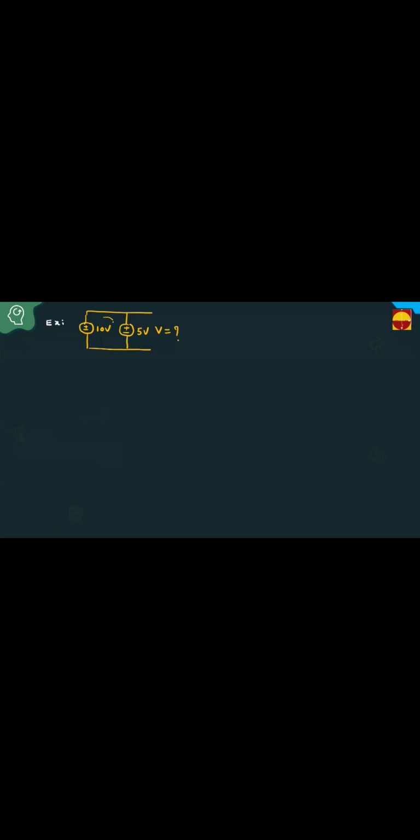If you apply KVL in this loop, students, what can you get? Positive to negative, minus 5, negative to positive, plus 10, equal to 0. Is 10 equal to 5? No. That's why KVL is not valid.